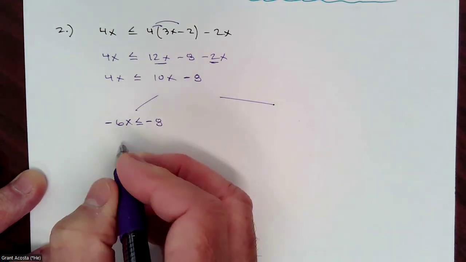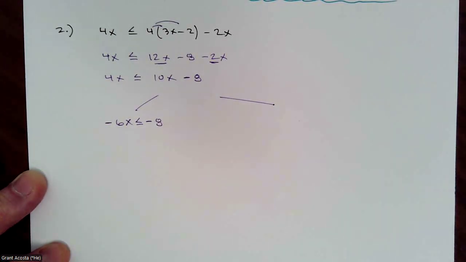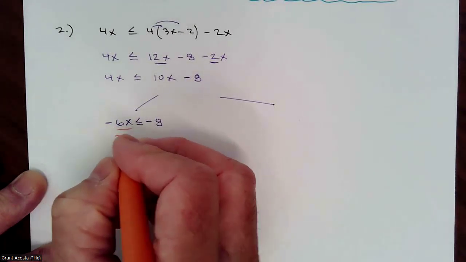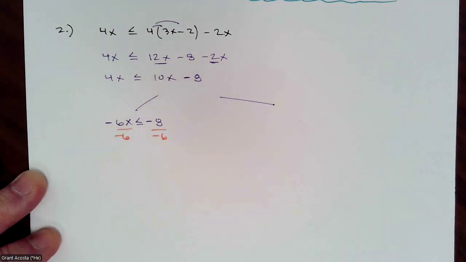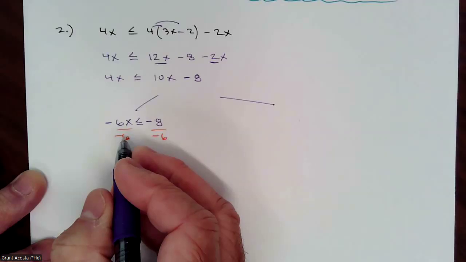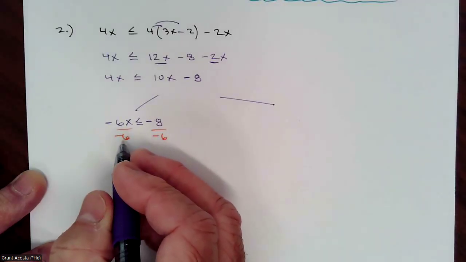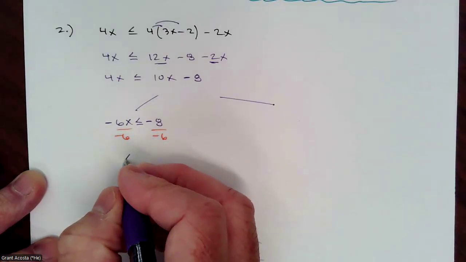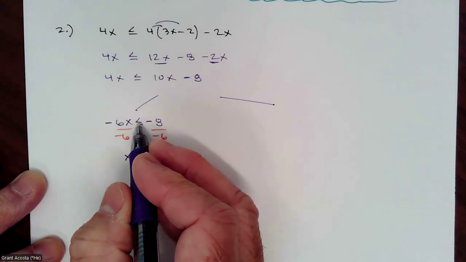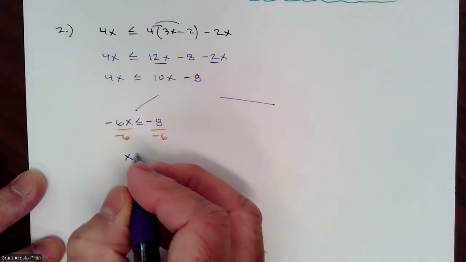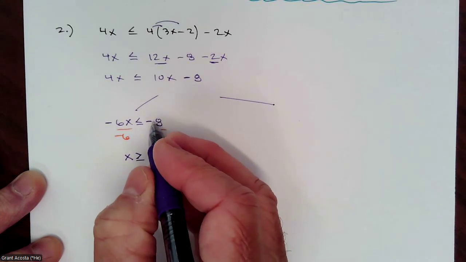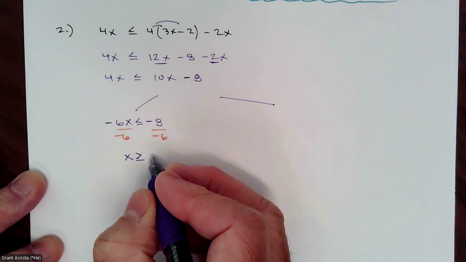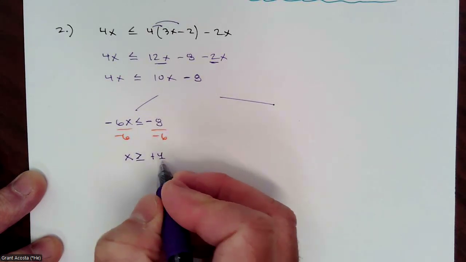And then in order to solve for x, I would need to be dividing by negative 6. And the way it works with inequalities, when you divide or multiply by a negative number, you have to reverse the sign. So this becomes, instead of less than or equal to, greater than or equal to negative 8 over negative 6. If you reduce that, it is positive 4/3.